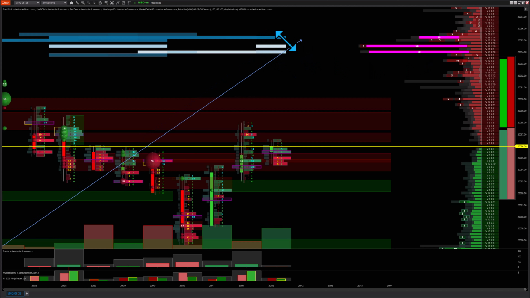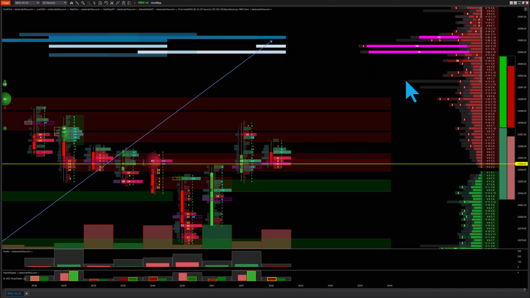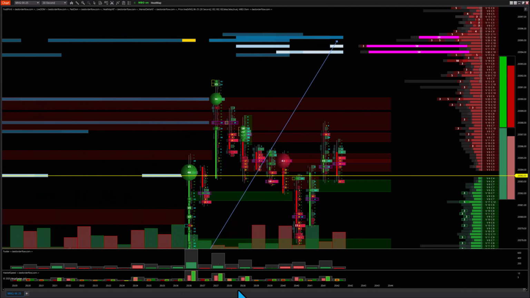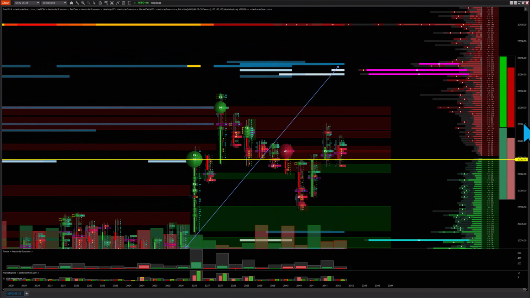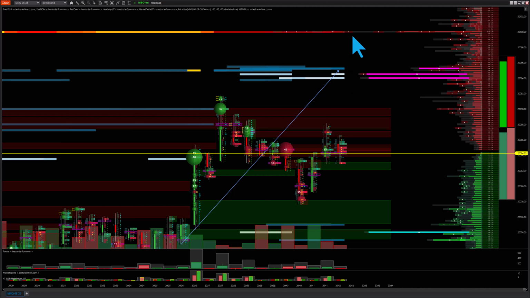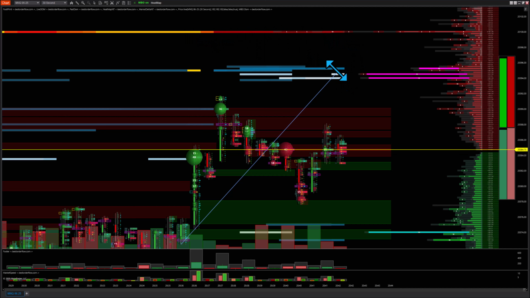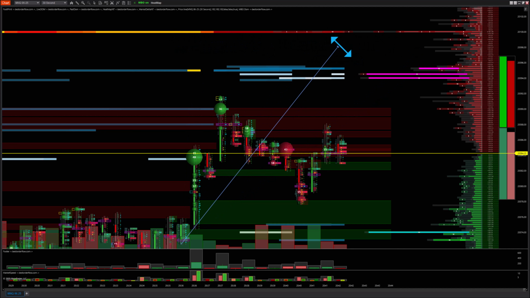Let's see, I'm gonna put myself right over here, right? But my belief is that after this pullback, we're actually shooting to this level, to this particular level. That's our target.